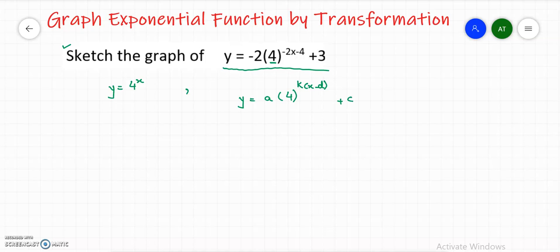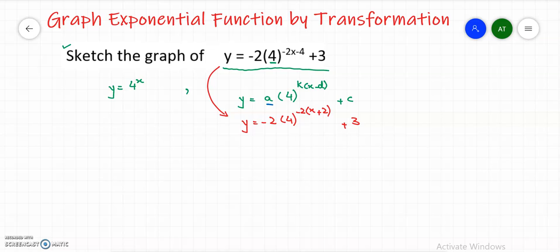Let me rewrite my given function into the transformed form. So it would be y equals negative 2 times 4 exponent, taking minus 2 common, we are left with (x plus 2), and then plus 3. Let me figure out my a, k, d and c.